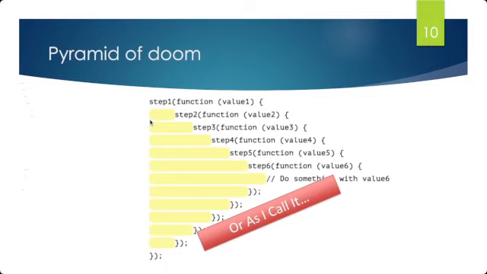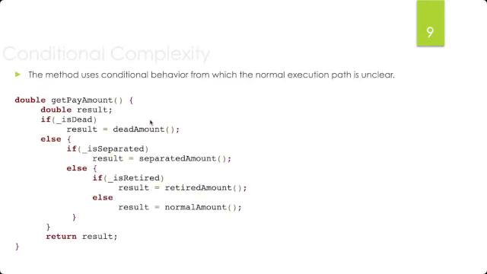Sometimes in our code we can create such a structure when we use a lot of nested code, and sometimes we can create it when we use something like callbacks, but sometimes we can create it with very complex if conditions, if and else and if else and other variants.